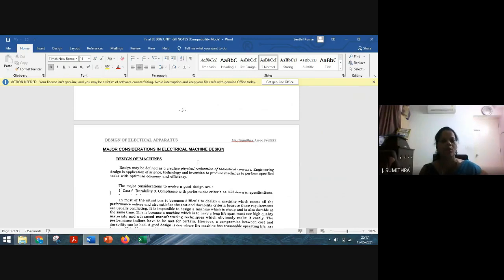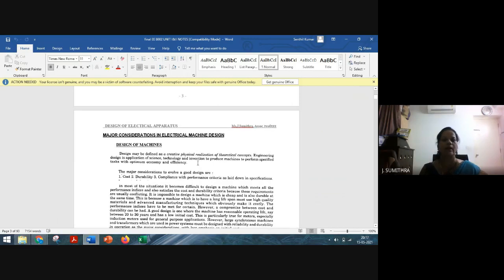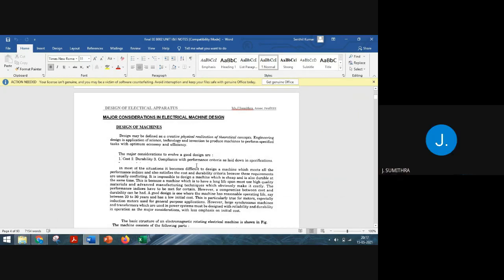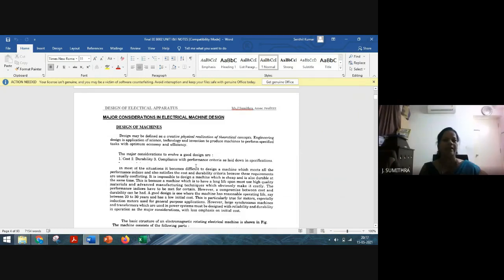Before going on, we need to see the major considerations required to come out with a good design. The major considerations are cost, durability, and at the same time, it should comply with the performance criteria laid down in the given specifications depending upon the customer requirements. Practically speaking, it is very tough to combine all of the above considerations together to come out with a good design.